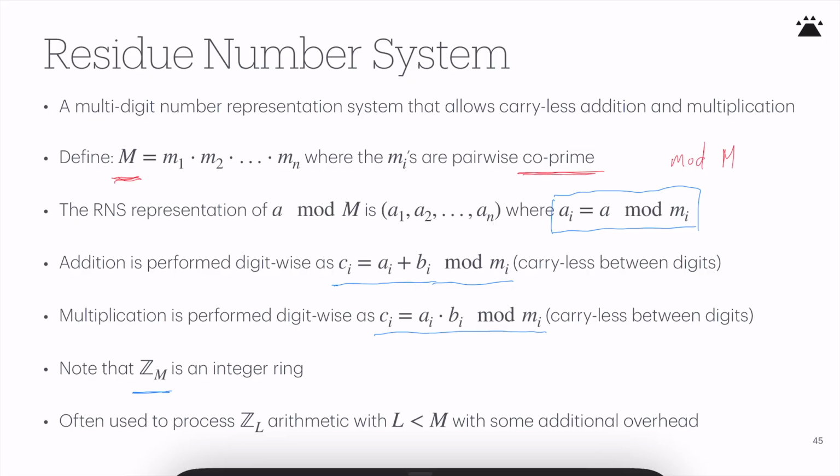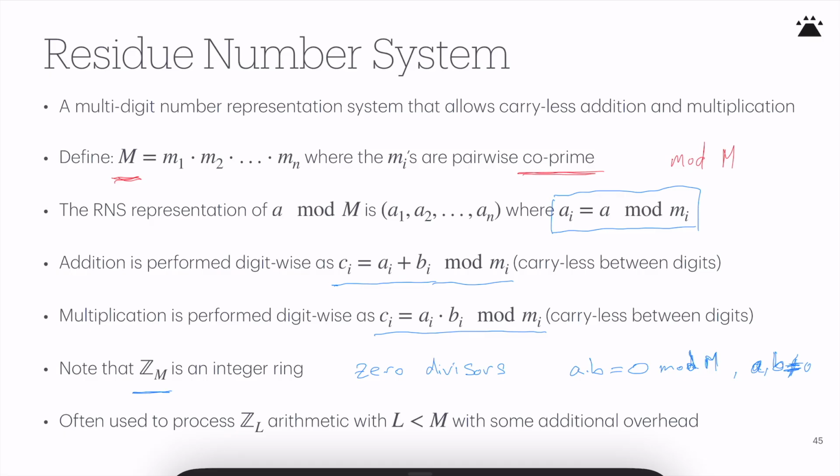Which means that there exist two numbers within Z_M, A and B, neither of which is 0, such that their product is 0 modulo M. This is often a bit inconvenient, but the advantage of this representation still makes it rather useful, even with the zero divisors.